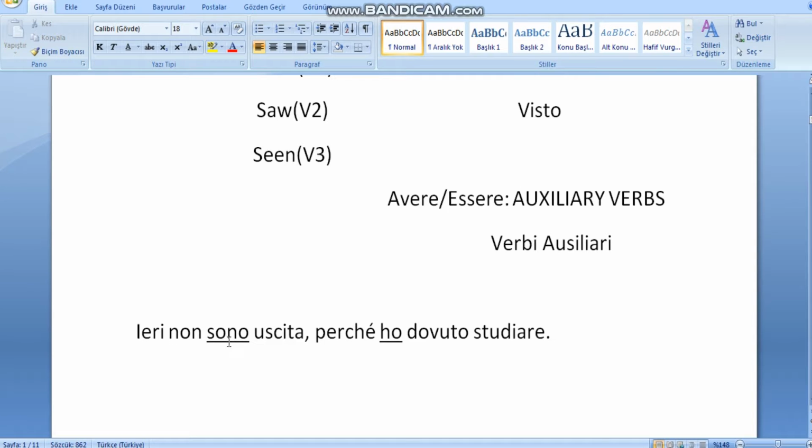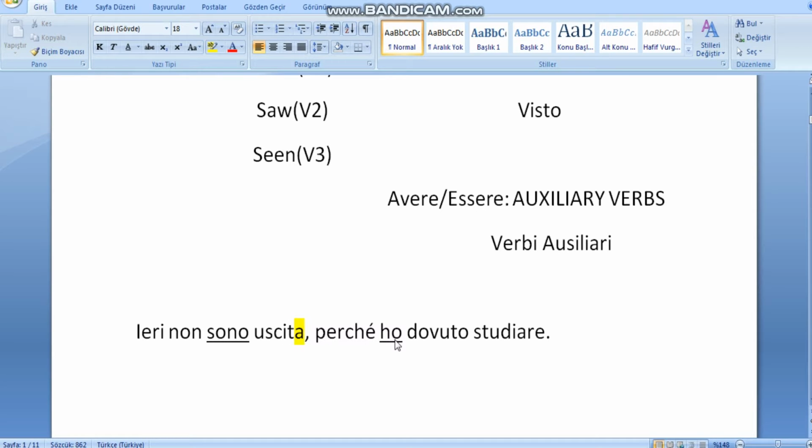So since here I use the auxiliary verb sono, I have to change the last letter of the verb uscito and it becomes uscita, simply because the subject, soggetto sottinteso, the subject of the sentence is a woman, me in this sense.